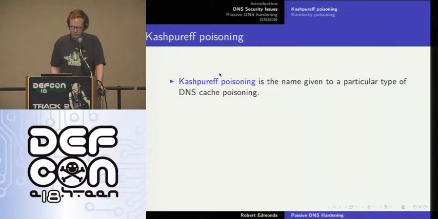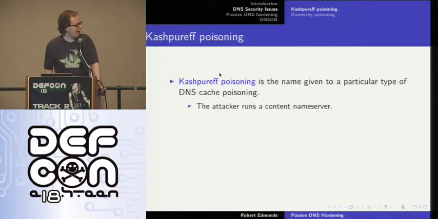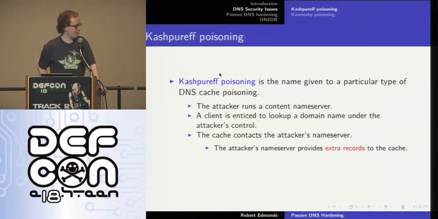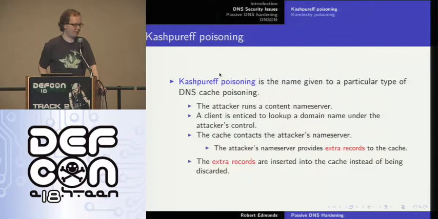Here's how the attack works. The attacker runs a content name server, and a client is enticed to look up a domain name under the attacker's control. And the cache contacts the attacker's name server, and the attacker's name server provides extra records to the cache. And these extra records are inserted into the cache instead of being discarded.